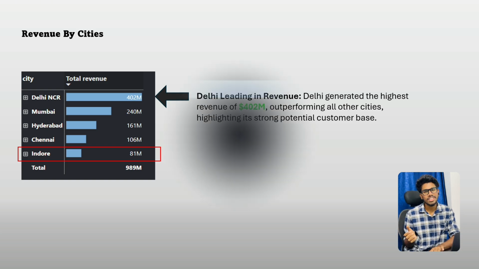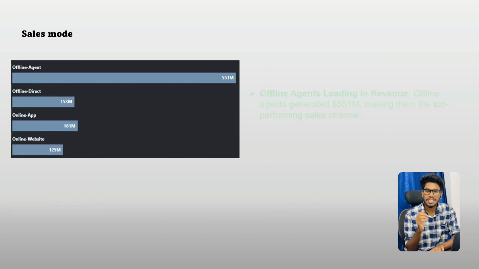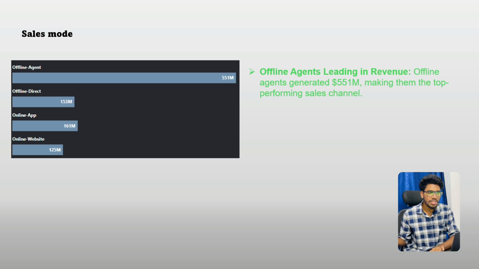And let's see the different sales modes. We have already discussed the different channels through which the company gives policies to customers: offline agent, offline direct, online app and online website. So let's see the revenue generated by these different channels. Offline agent is leading the revenue, showing very strong performance compared to the other channels, making around 551 million.